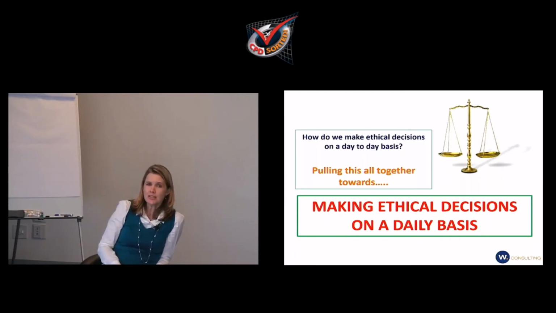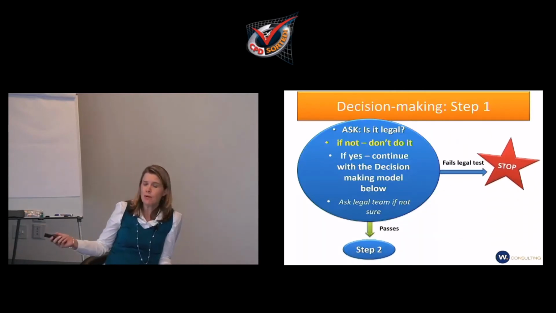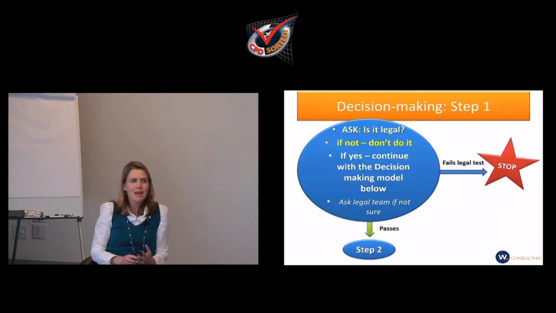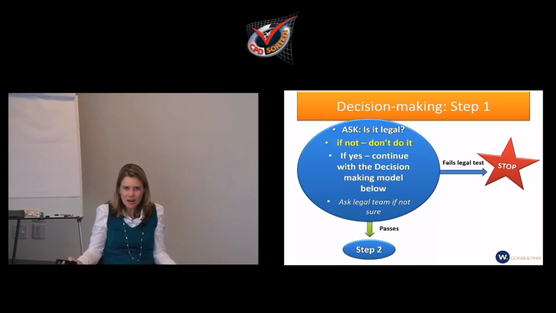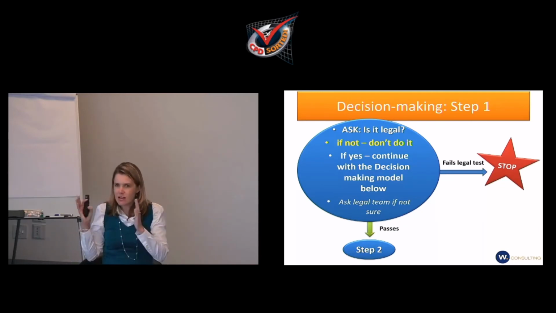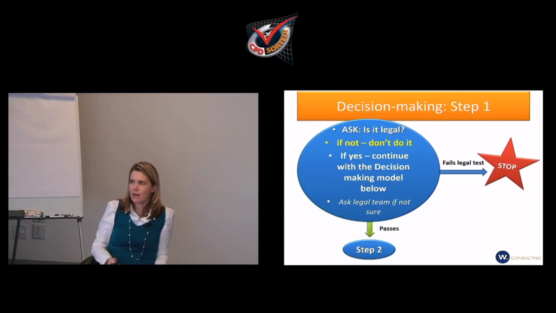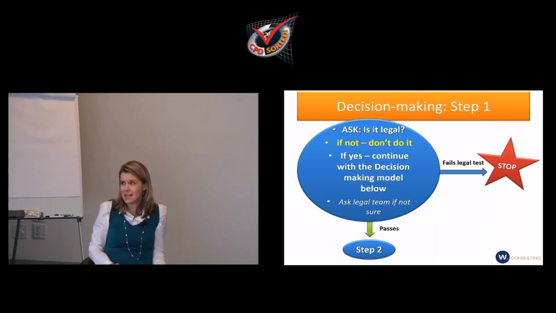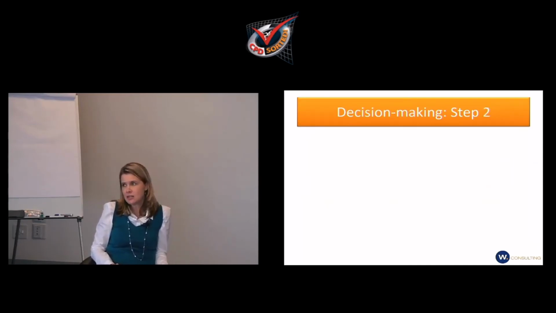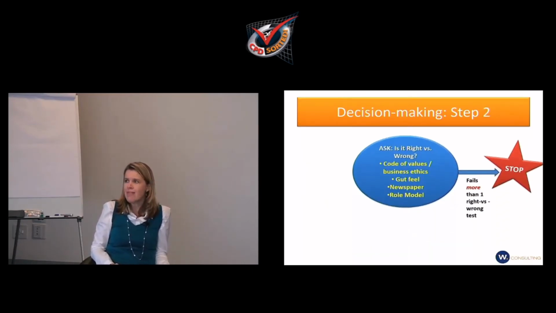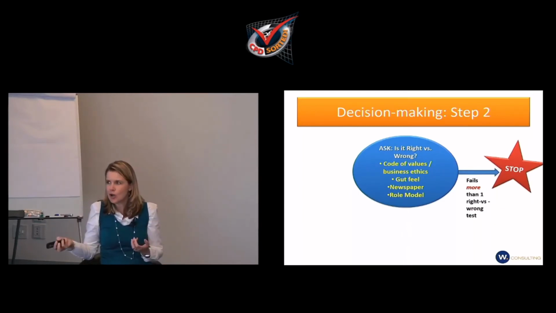Okay, so the stages of the decision tree we spoke about right in the very beginning. Is it legal? If it's not legal, it's not ethical, and we stop right there. If it is legal, then we continue to step 2, and we ask, is it right versus wrong? So is it against the code of ethics? Or is it that gut feel?